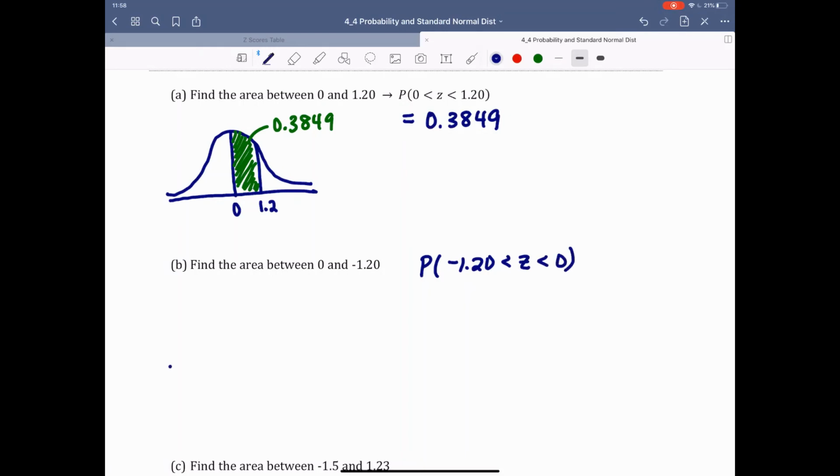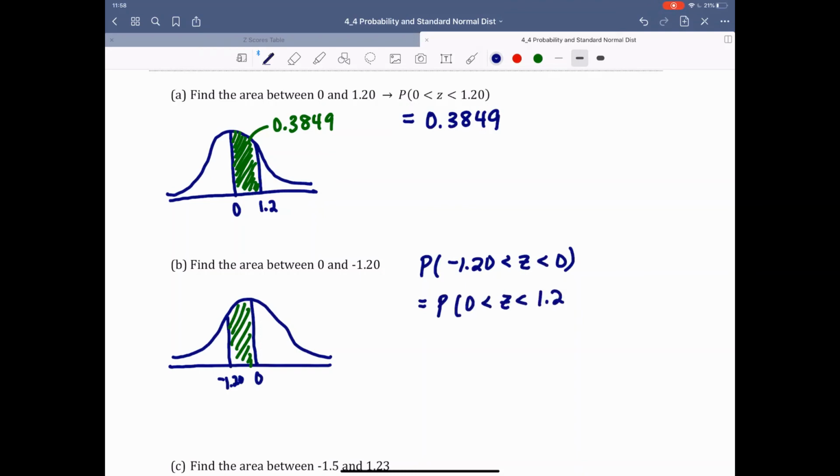So if we draw a picture for what we're looking at, we want the area between 0 and -1.2. That's actually equivalent to finding the area between 0 and +1.20, which is what we found in the last problem. So it's 0.3849, and that's due to the symmetric property of the standard normal distribution.